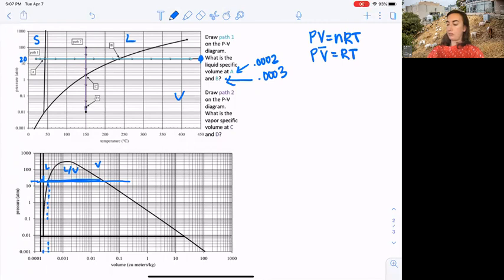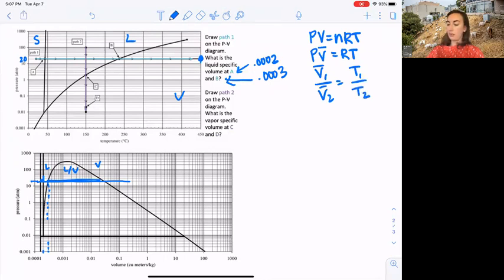And so in our PV diagram, we are at constant P for path 1. And so we can do V1 over V2 equals T1 over T2.